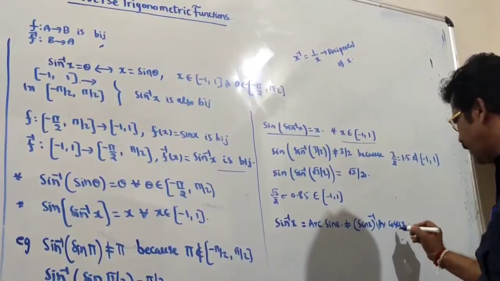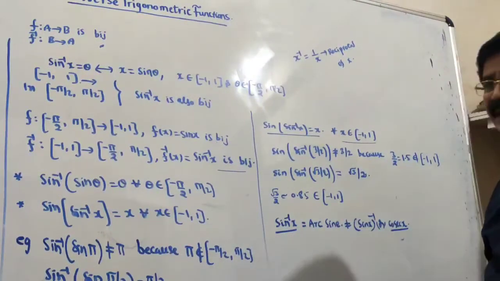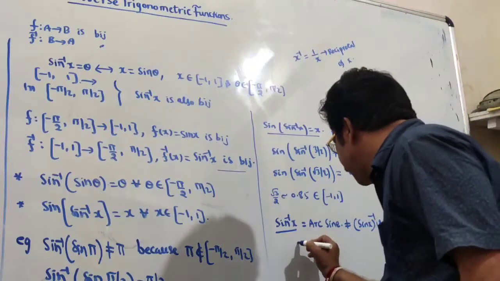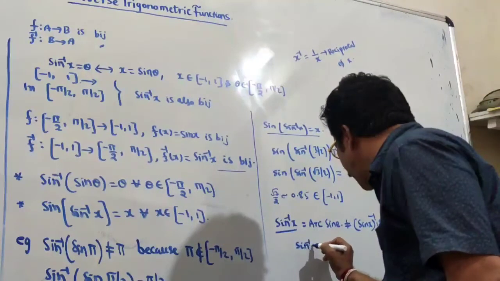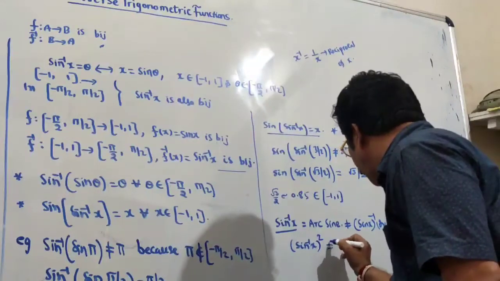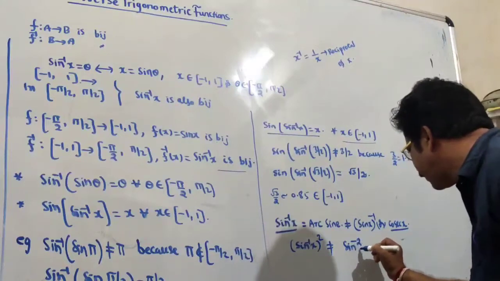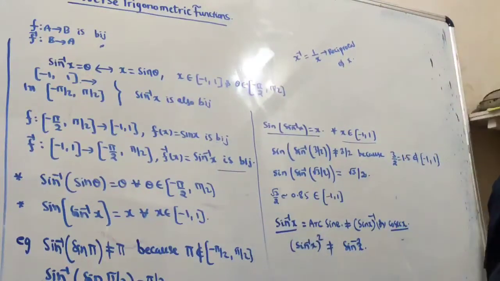Cosecant x. So cosecant x is different, sin inverse of x is different. Similarly, sin inverse of x whole square is not equal to sin power minus 2 of x.